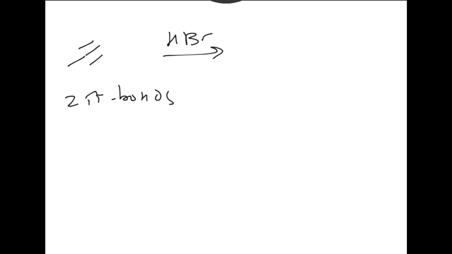I kept drawing a product where the HBr only reacts with one pi bond, but you could get a situation where you end up with no pi bonds in your product, where your HBr adds to both pi bonds. So how can we control if the HBr adds to one pi bond or to both pi bonds? We can do this with equivalents.